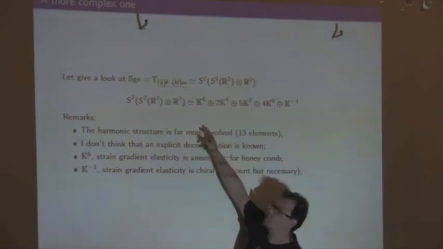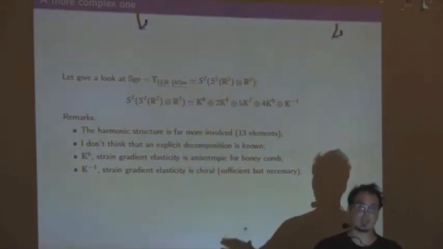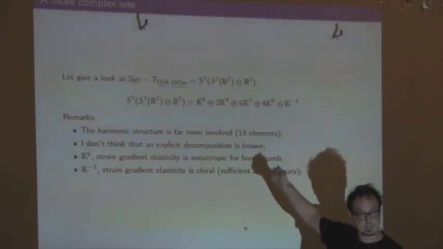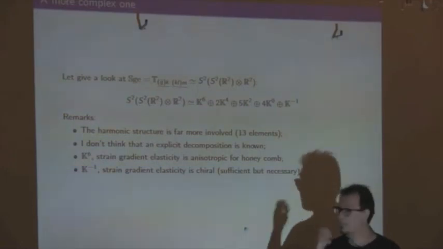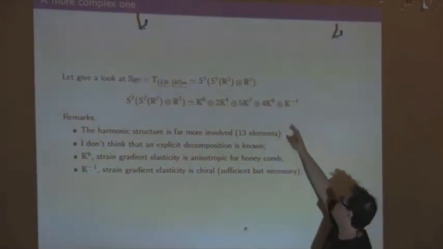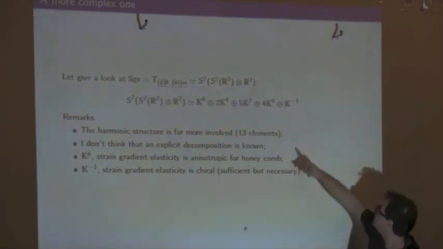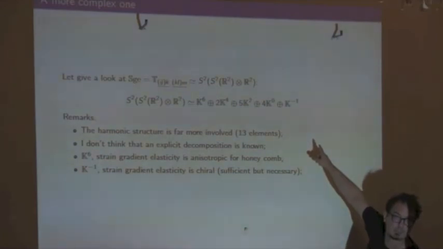As you have this space K6, any hexagonal lattice for this linear operator will be anisotropic. The other information that can be read off is that in your decomposition you have an element K-1.